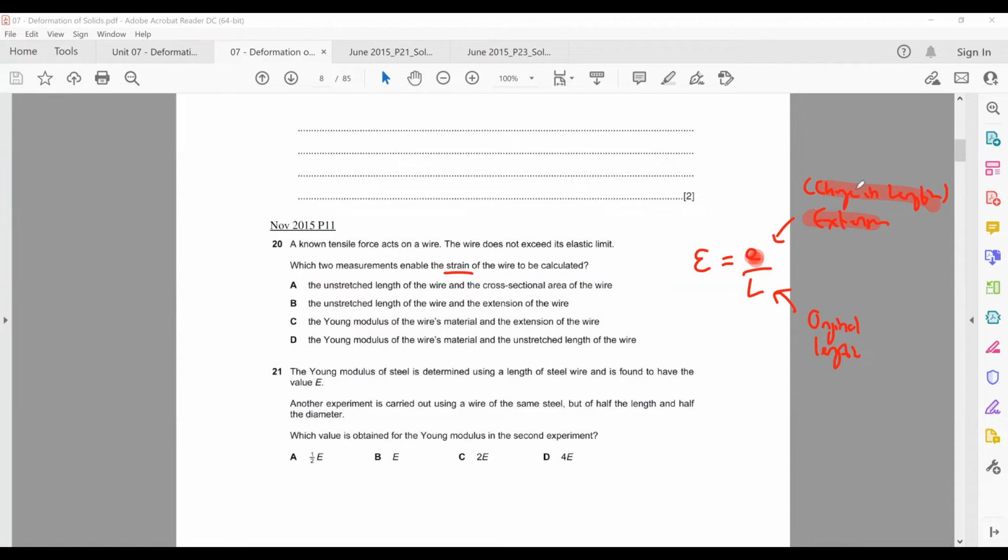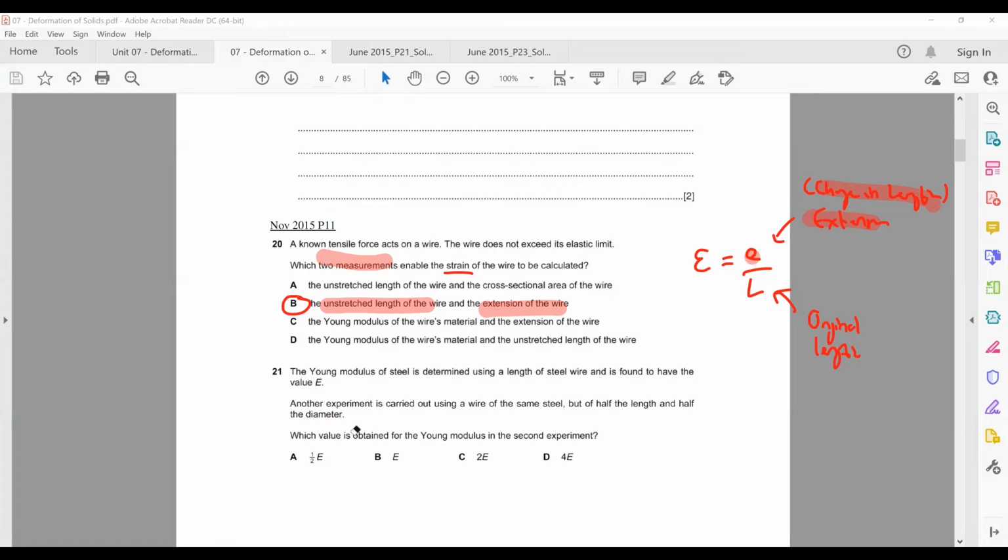So extension over original length, what are the two measurements that you need? The first one is obviously the unstretched length of the wire. The second one is the extension of the wire. Answer is B. And that is what you need. You want to measure those two, only then can you find the strain.